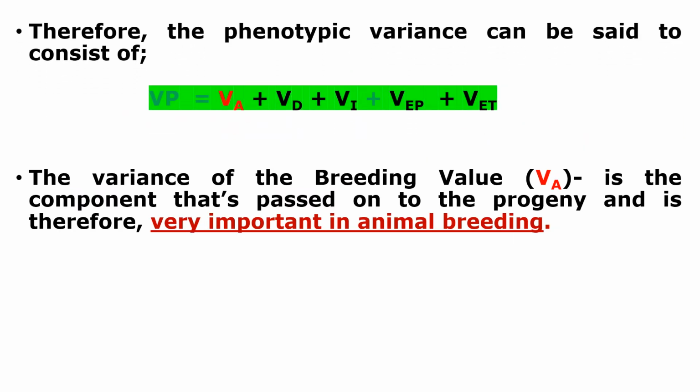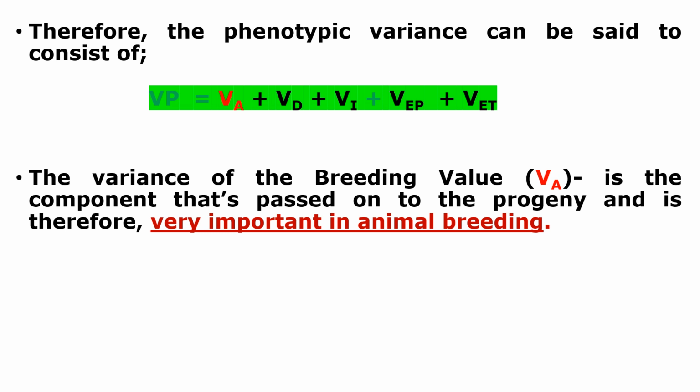Therefore, the phenotypic variance can be said to consist of variance due to additive effect plus variance due to dominance plus variance due to epistasis and other interaction plus permanent environmental variance plus temporary environmental variance.